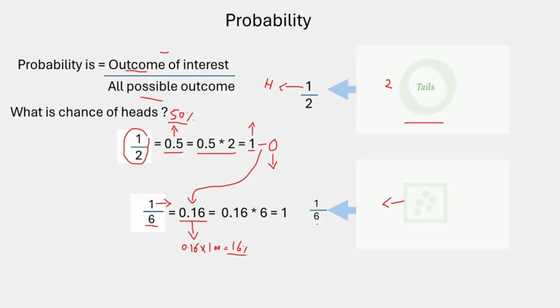As the states of any material or outcome increase, your outcome of interest will be diluted with all possible states, because you have many probabilities together. You have many states of an object, so your desired outcome will be diluted. In this case, if you multiply 1/6 by 6, you will get 1, which is the maximum probability.